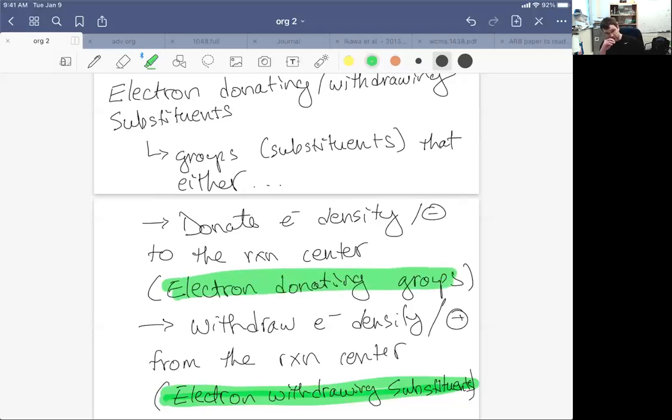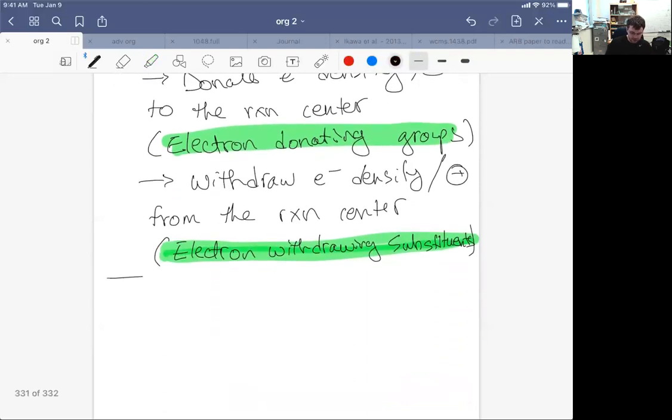So both of these do the opposite things to the reaction center. They could add electrons to the reaction center or take electrons away. Now that's kind of a fuzzy idea, whether or not we're adding or withdrawing electrons. And it's best to just start to move into examples. So let's look at some examples of electron donating substituents to start.